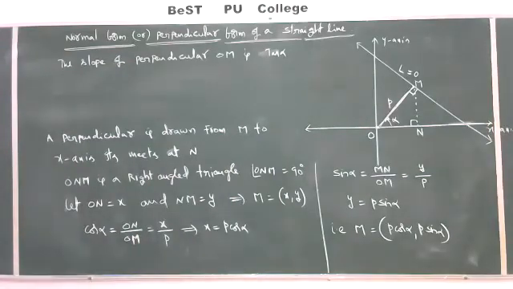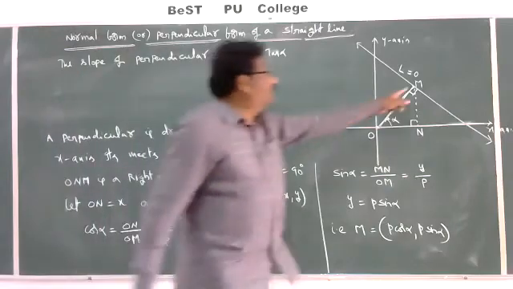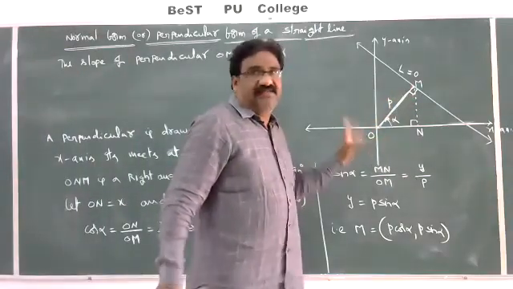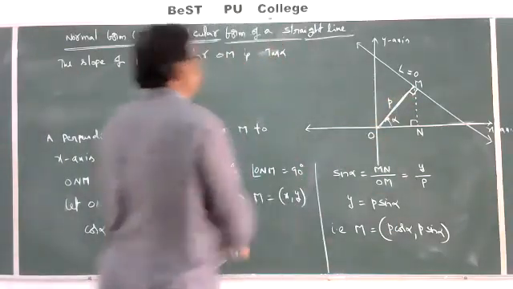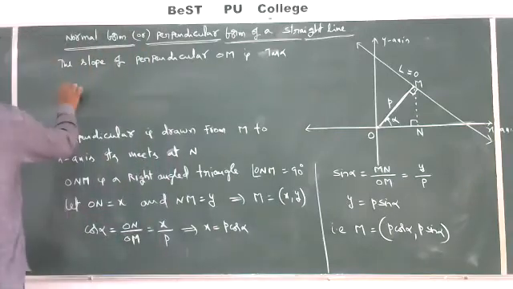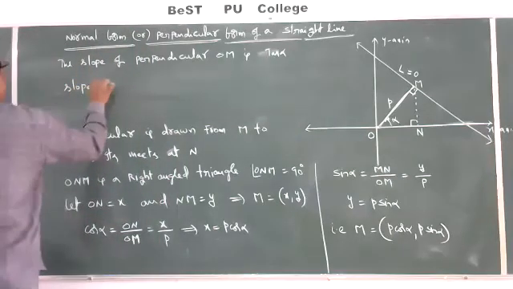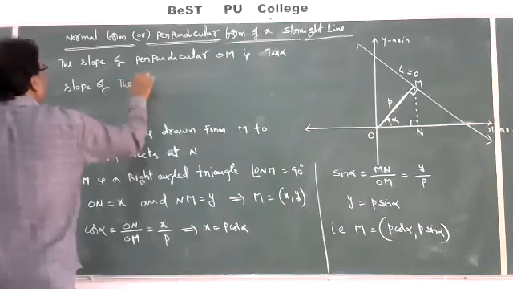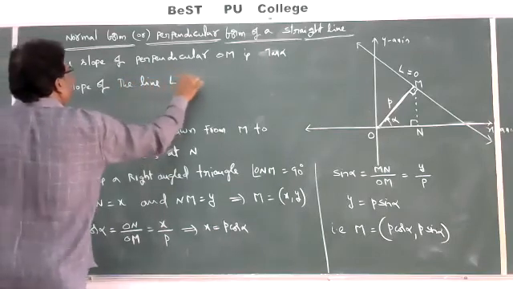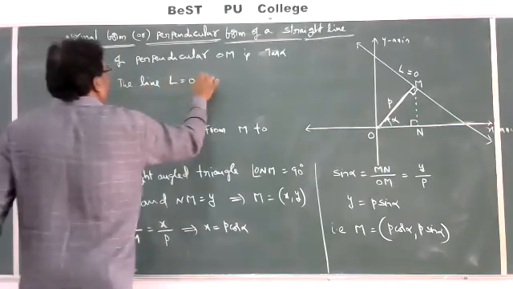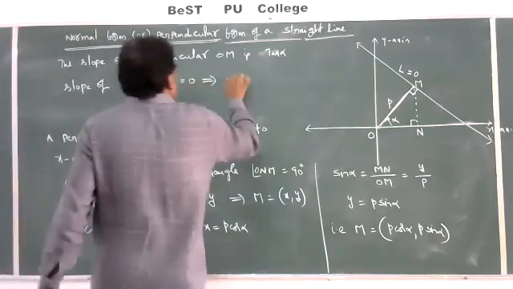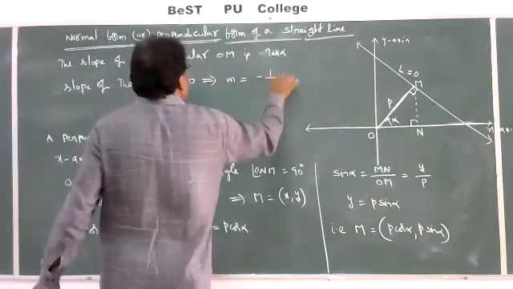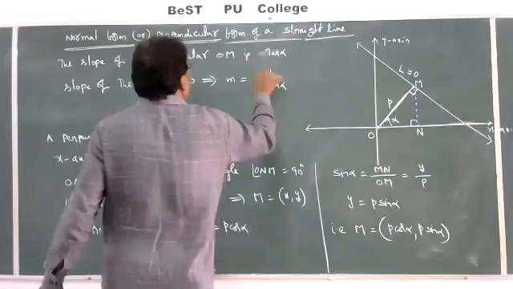The slope of the perpendicular OM is tan alpha. Slope of the line capital L is equal to 0 implies m is equal to -1 by tan alpha. How?